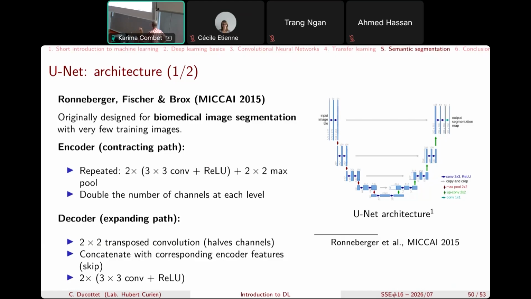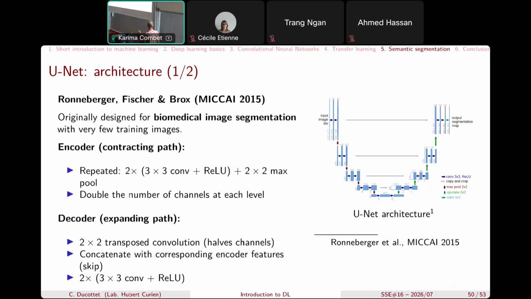Concatenating means that we are putting this information as new channels, in such a way that when we go to the next step, we will integrate all this information with a multi-channel filter, a convolution filter which will process all the channels and integrate not only information from the lower levels here, but also spatial information that has been directly transmitted from the encoder.